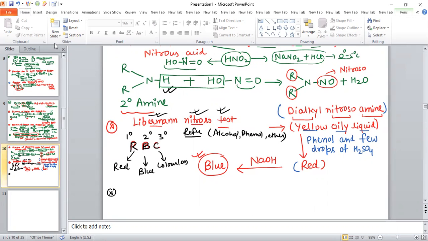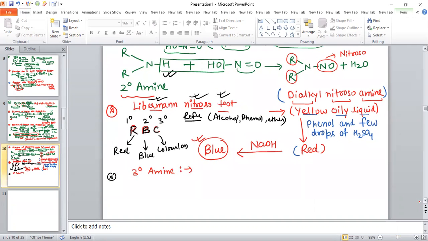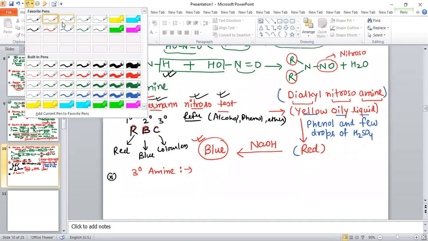For example, in the case of 3-degree amine, see what happens. In 3-degree amine, there is no hydrogen. You can see in 3-degree hydrogen is absent.